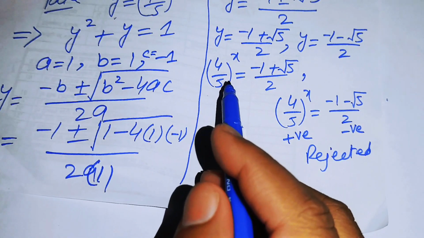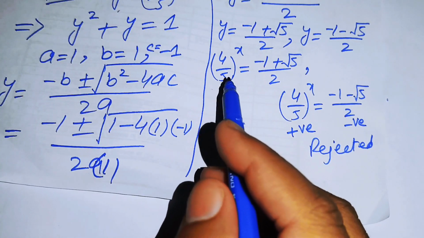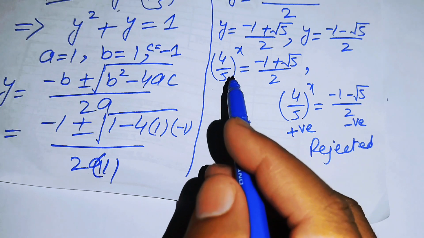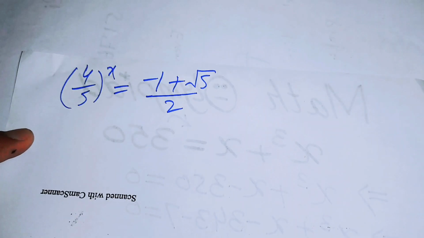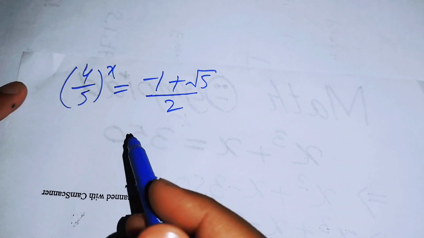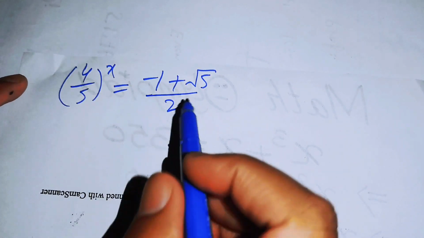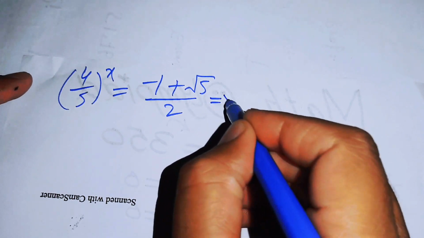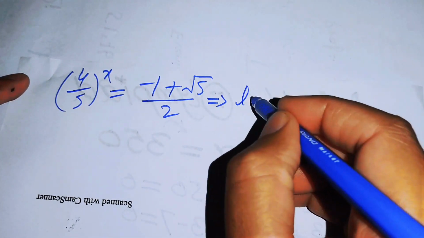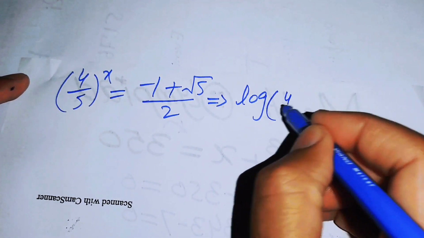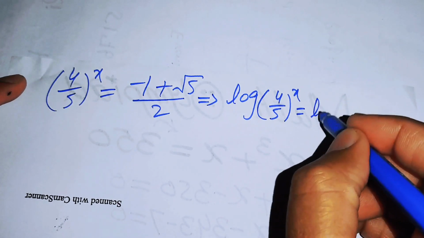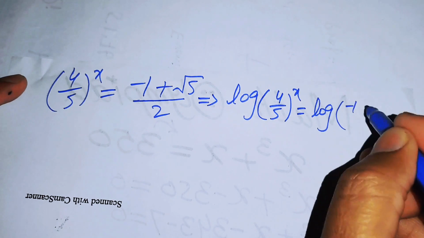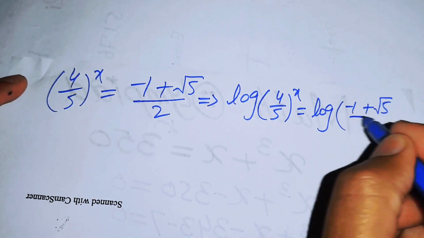In this case we will take the log on both of the sides. So this expression becomes log of 4 over 5 to the power of x is equal to log of minus 1 plus square root of 5 over 2.